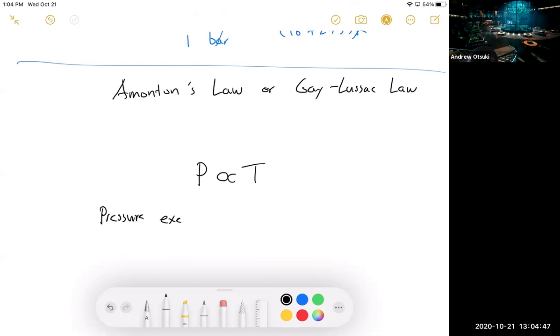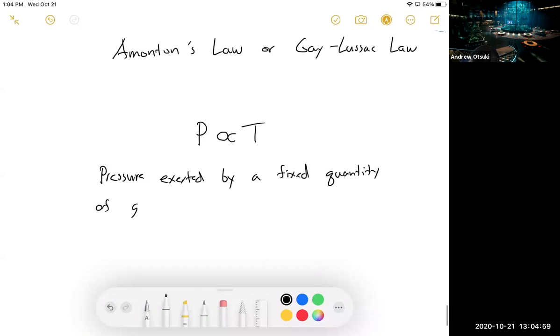Pressure exerted by a fixed quantity of gas at constant volume is directly proportional to absolute temperature.